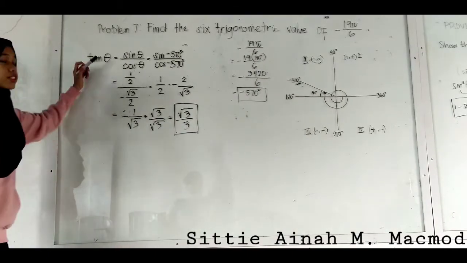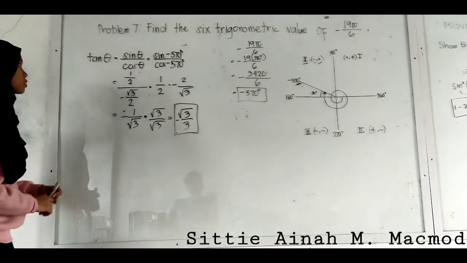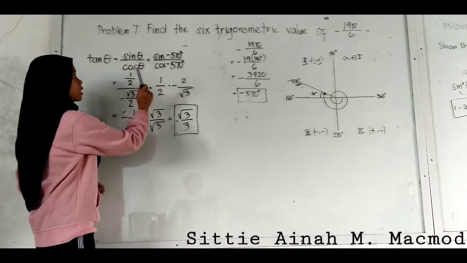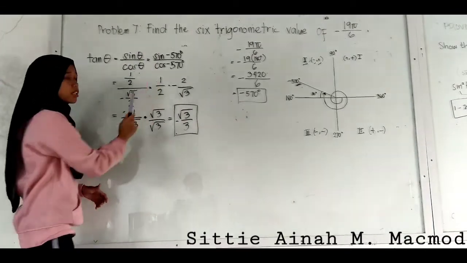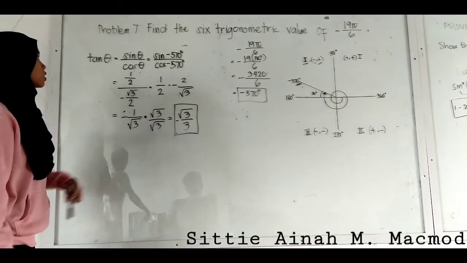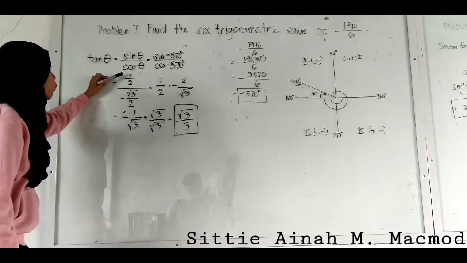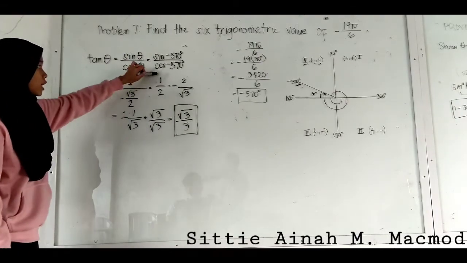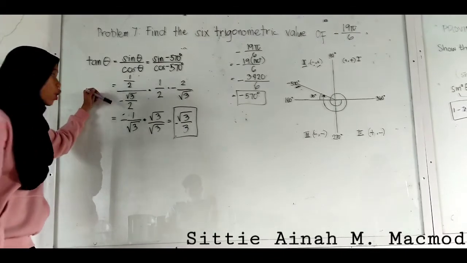So, tangent is equal to sine over cosine. So, sine of negative 570 over cosine of negative 570 degrees. Our sine is equal to 1/2 and our cosine is negative square root of 3 over 2.